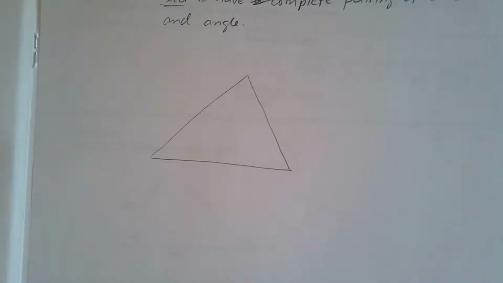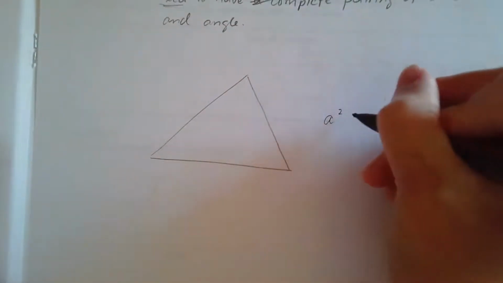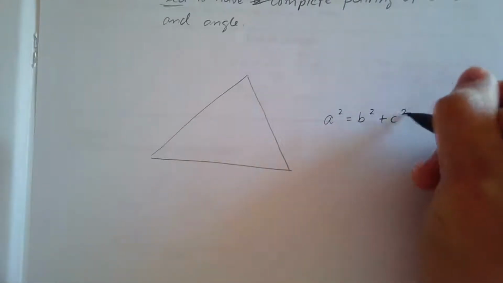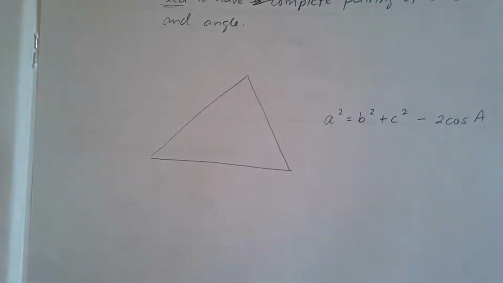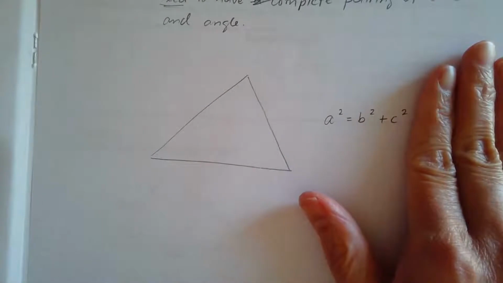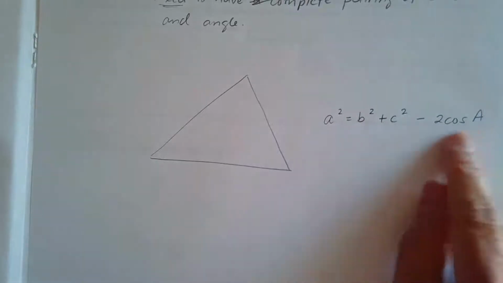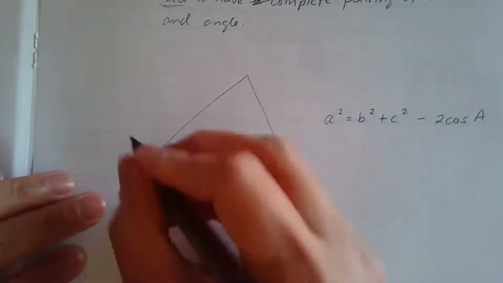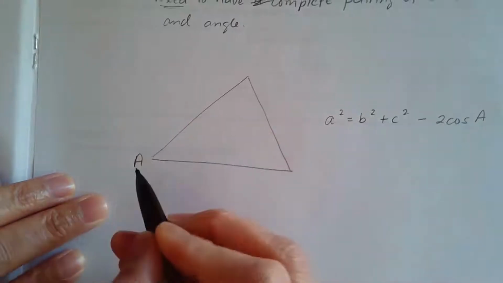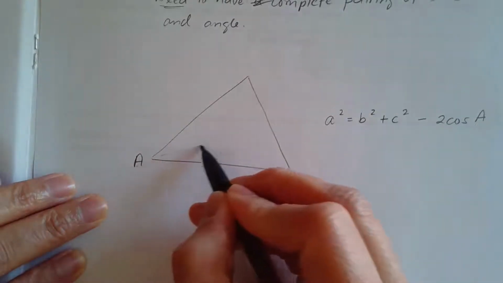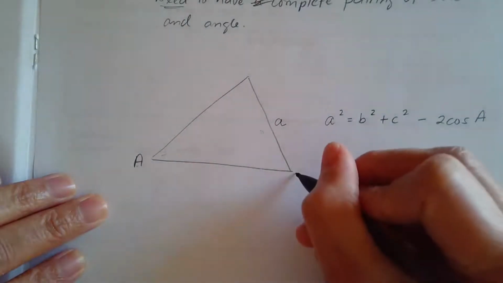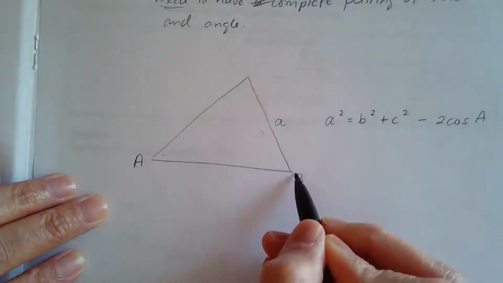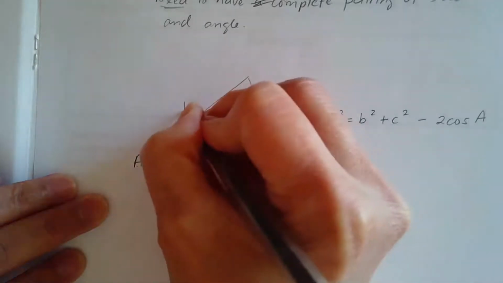In this particular case, a squared equals b squared plus c squared minus 2bc cos of angle A. If we get rid of this last part, it looks like the Pythagorean theorem all over again. If this is my angle A, then right across from it, it opens up to side little a. If this is my angle B, uppercase, then it opens up to side b.